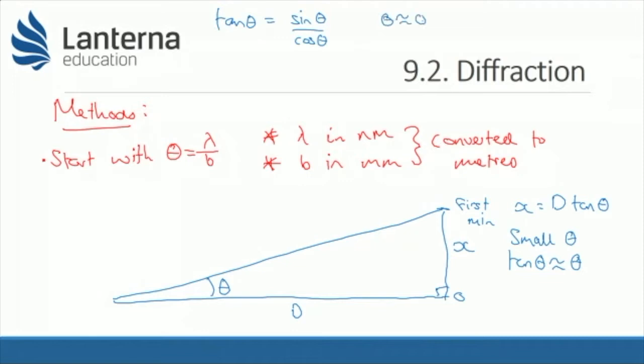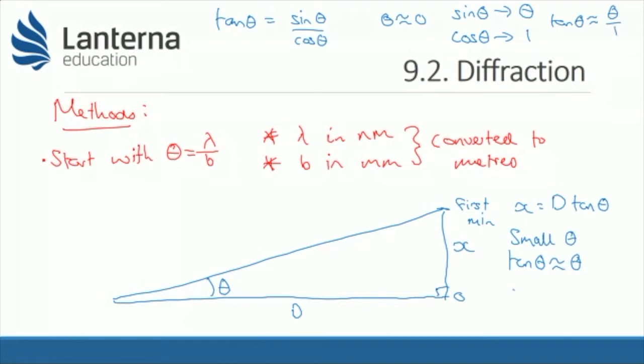Now for theta roughly equal to 0, sine theta, we said already goes to theta, and cos theta will roughly go to 1. So we end up with tan theta roughly equal to theta over 1, or theta.